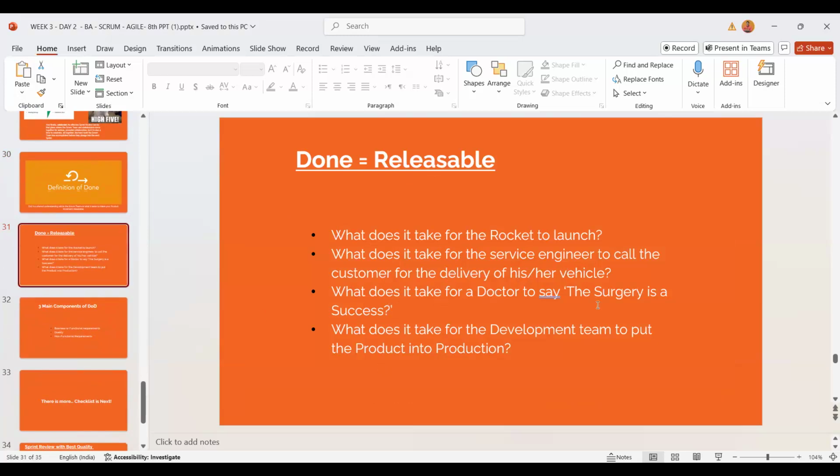What does it take for a doctor to say the surgery is a success? And what does it take for the development team to put the product into production? So at what point of time, if you were to answer any of the questions, when can you say that the rocket can be launched, or that the vehicle is ready to deliver? What do you do to say that?